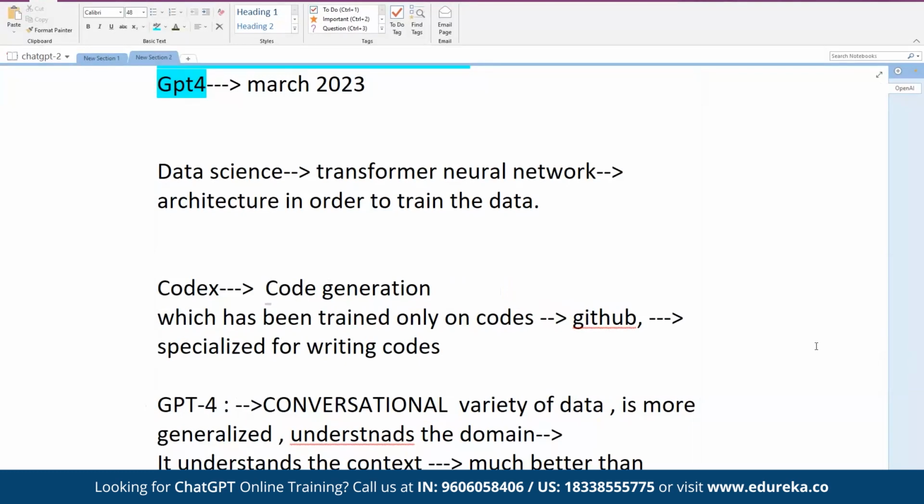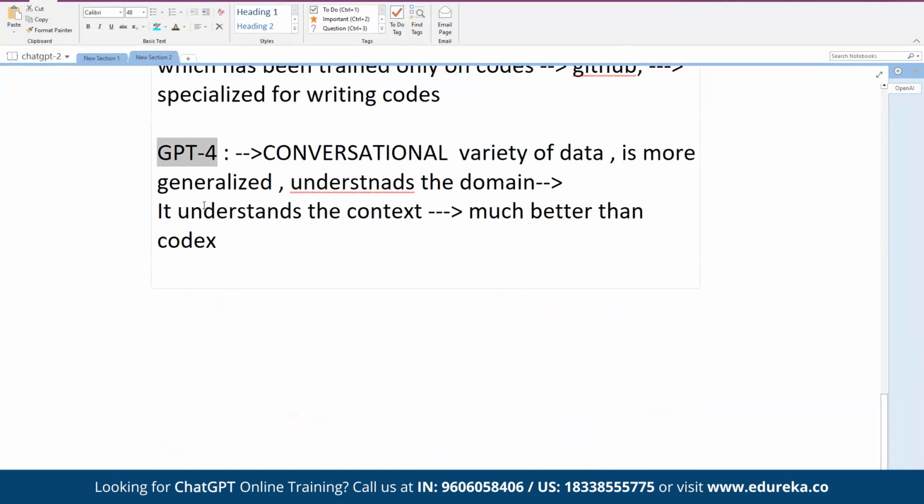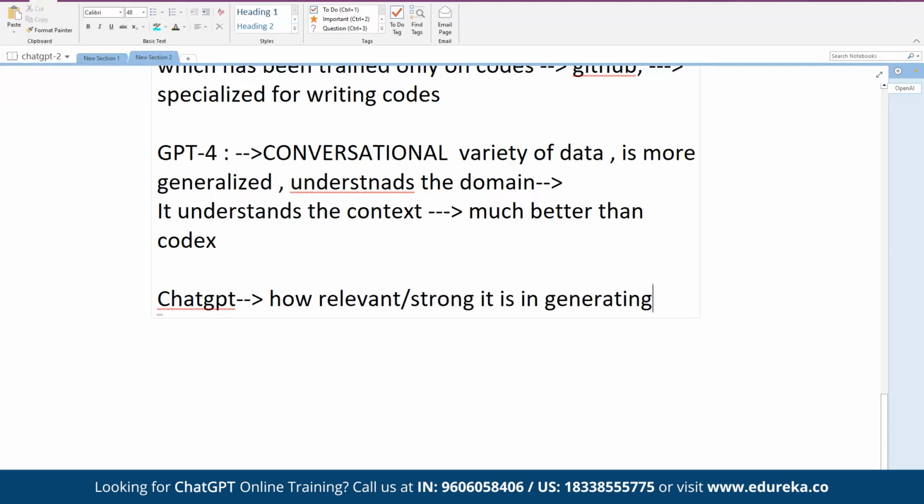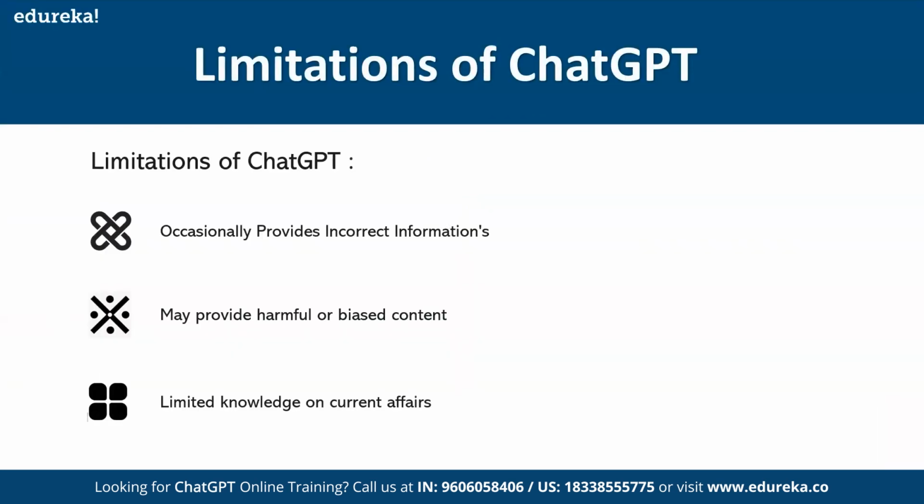So in today's session, we will use ChatGPT to see how strong it is in generating code. Obviously, there are a lot of limitations of ChatGPT. It may provide incorrect information. It may provide harmful or biased content. And it may have limited knowledge on current affairs.